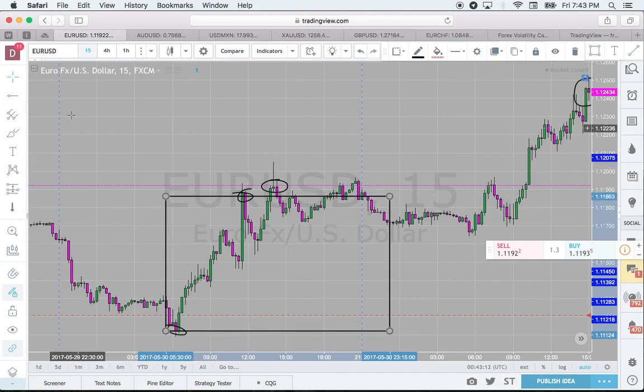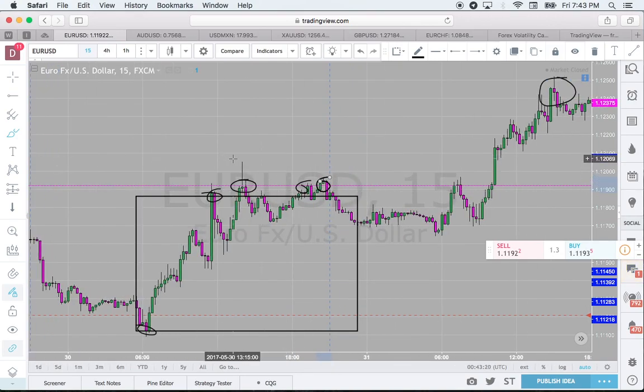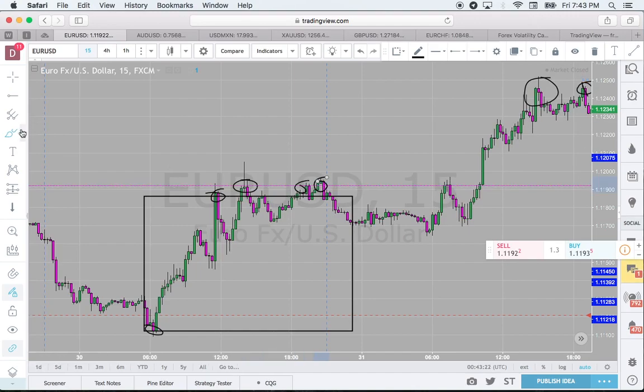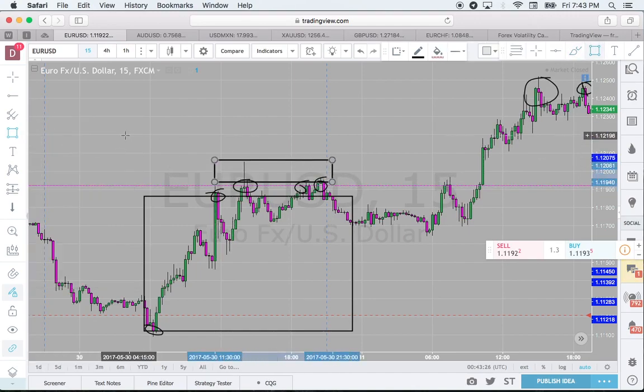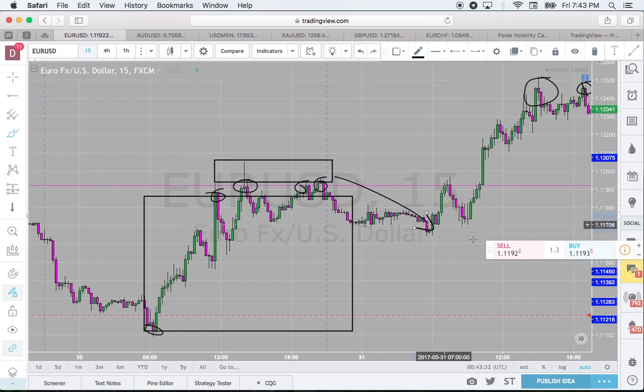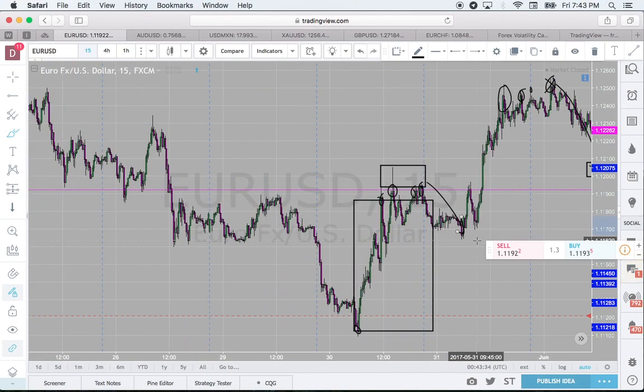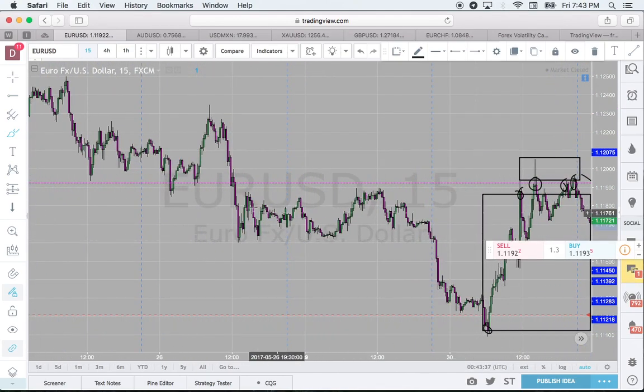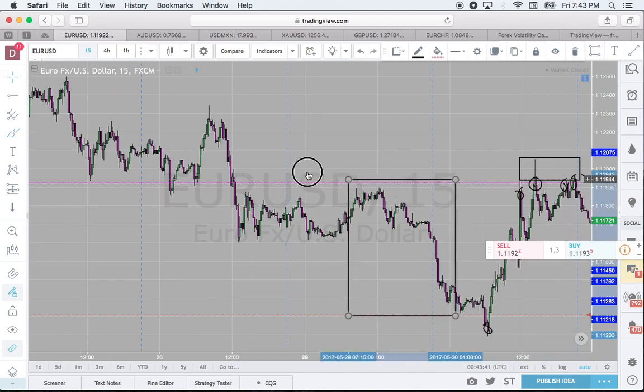We can see these are all trap moves, trapping retail traders at the high of that day to then drag price against them. Here it is again.